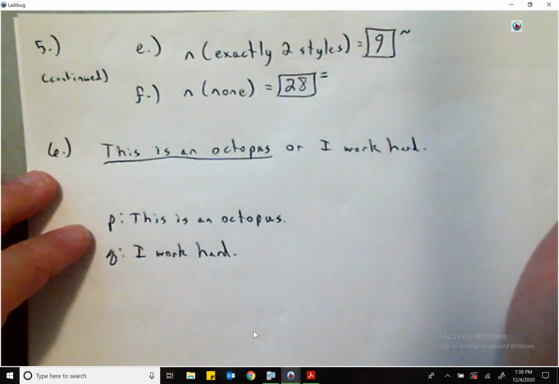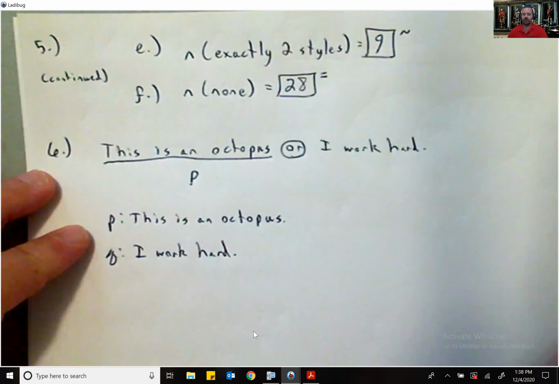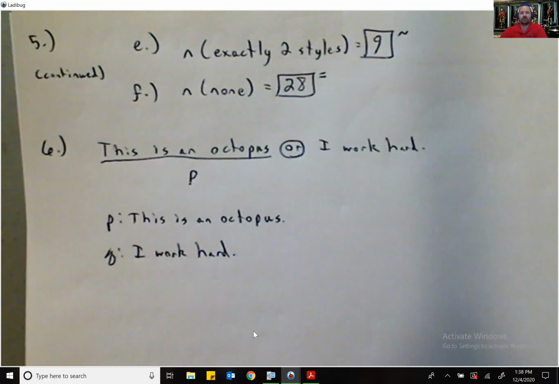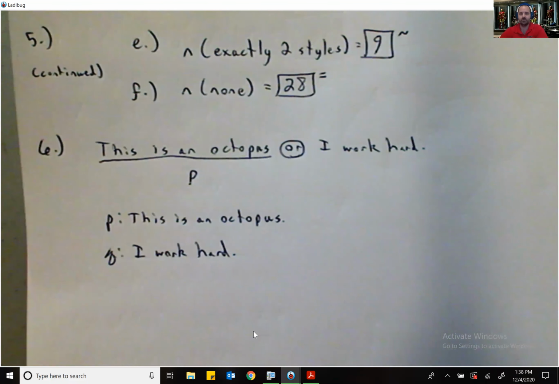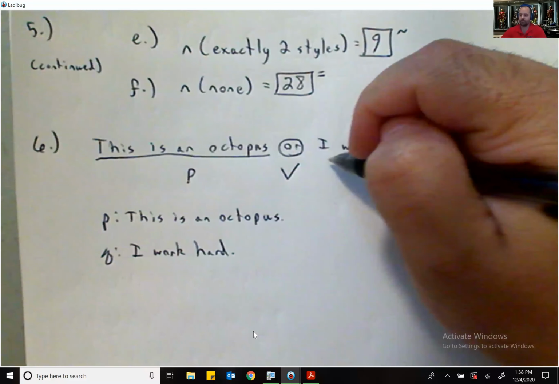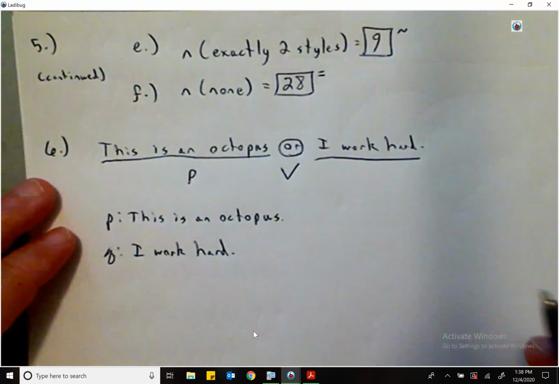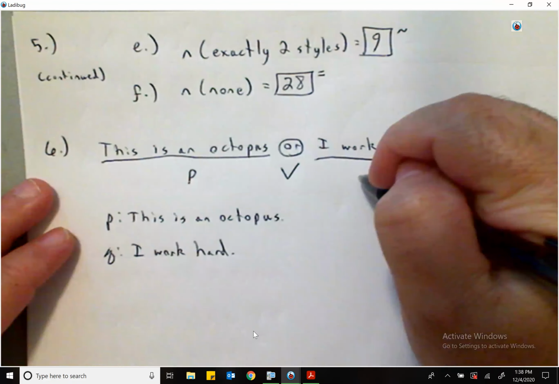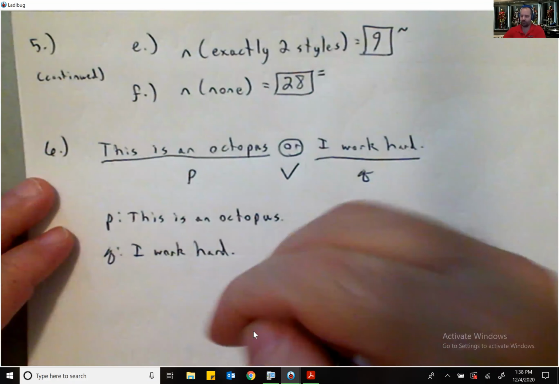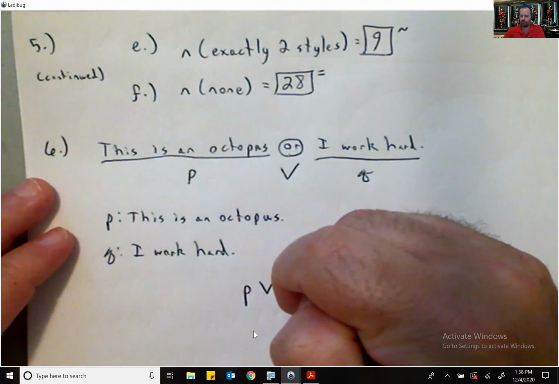P. I circle any of my compound words. So what is the symbol for or? V. Absolutely. And then I underline my next statement. I work hard. And who is that? Q. And all I got to do for my answer is combine all my little symbols. So it's P, V, Q.